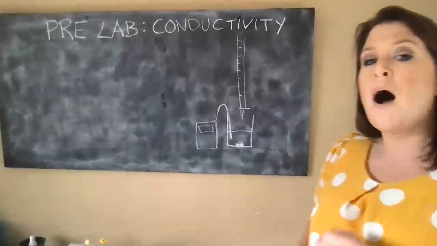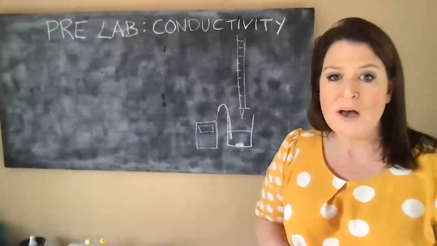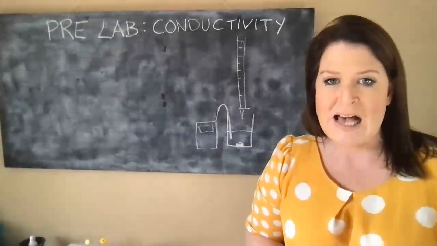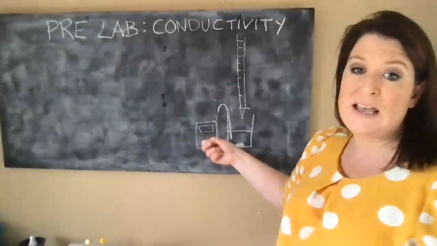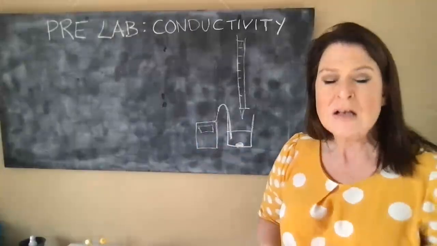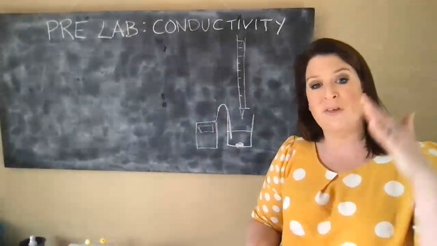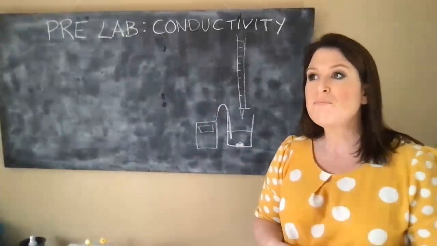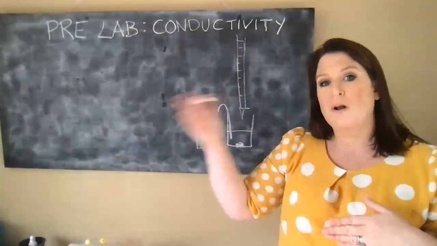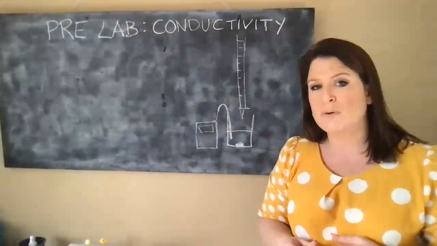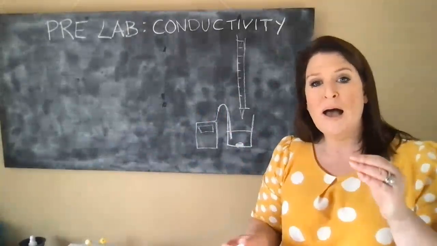Now, I will mention at the end of this pre-lab talk the difference between conductance and conductivity. But for the moment, let me just explain that what we're reading here is a conductance value. So if you're reading through the manual, or watching this video, or watching the video of the actual lab, there is no mistake.